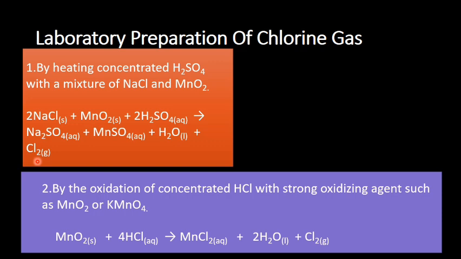Looking at this chemical equation here, using manganese(IV) oxide, reacting it with HCl, we have manganese chloride, we also have water, then we have chlorine gas being produced.